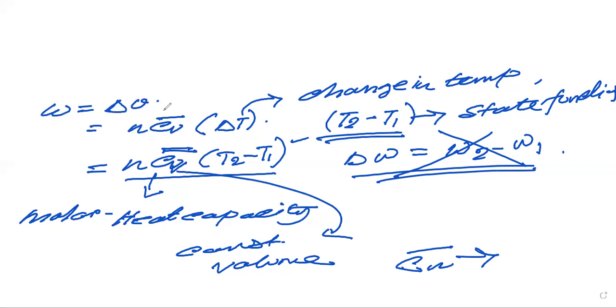Now we need the equation for work done using the first law of thermodynamics. Using it, we know that W equals minus P external into delta V. This is for work done by the system.